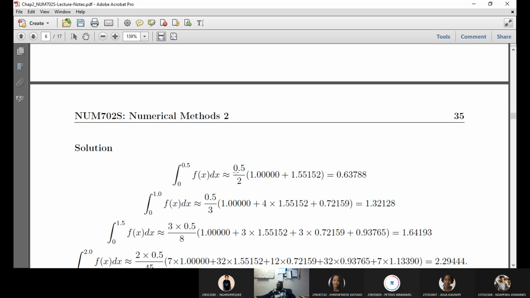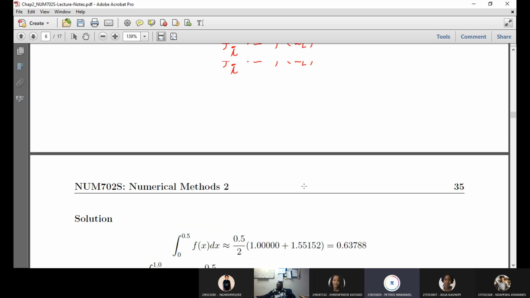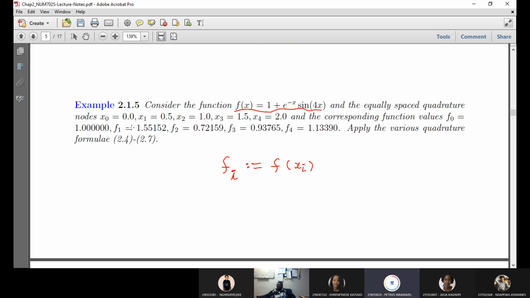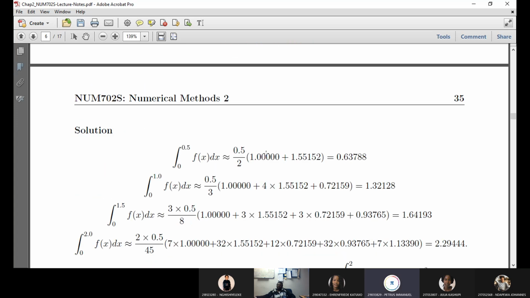So that's why we have here 0.5 by 2, and then f at 0, f at 1. So f at 0 is 1, f at 1 is 1.55152, which is what you have here. If you compute that, it gives us this expression. So that is for the trapezoidal rule.